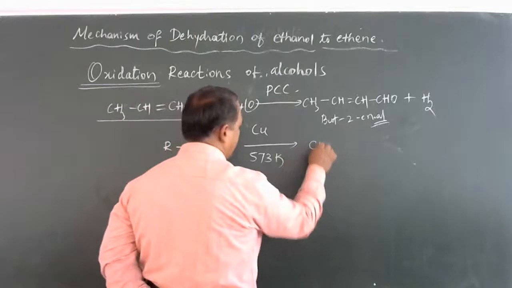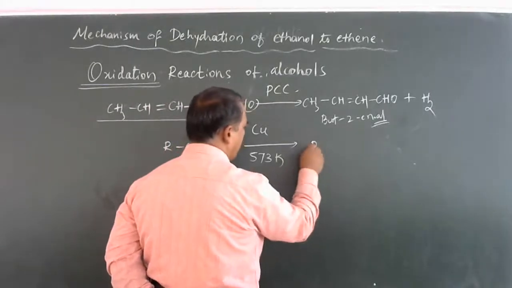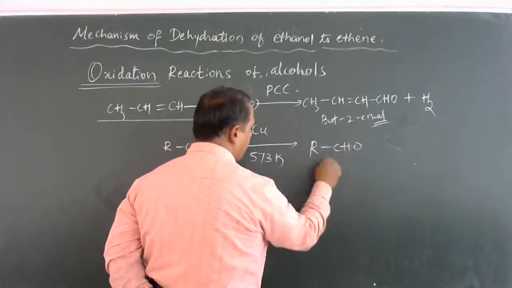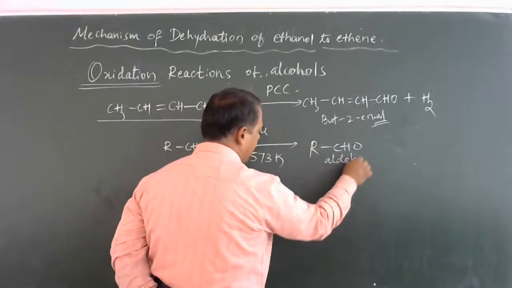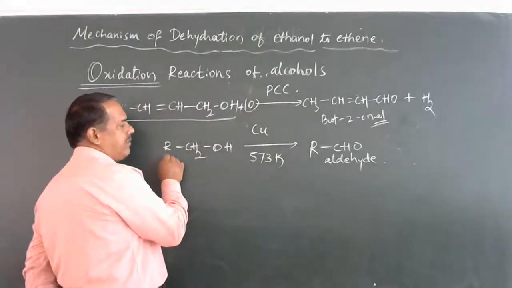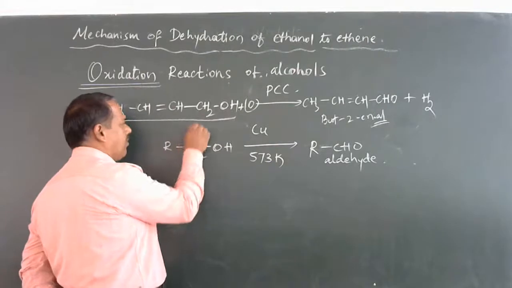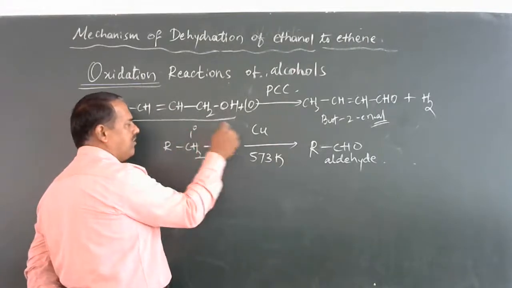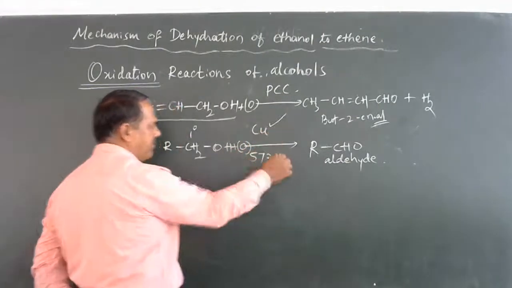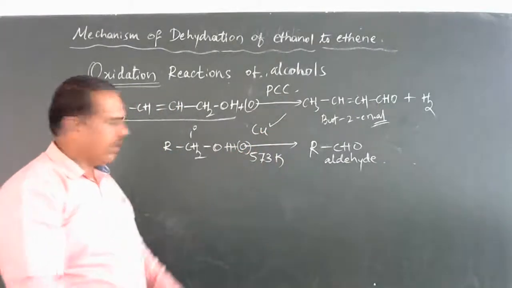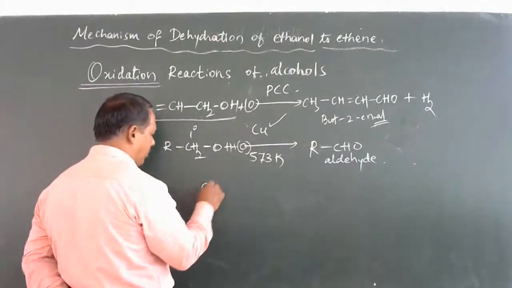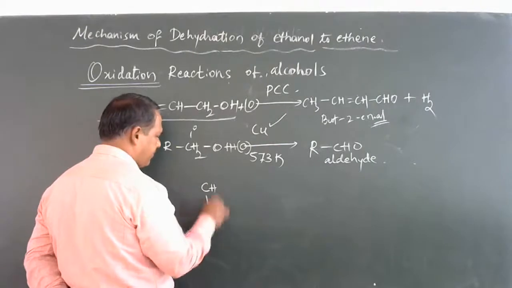Again we will get an aldehyde, RCHO. It is a primary alcohol. When a primary alcohol is oxidized in the presence of copper at 573 K, an aldehyde is obtained. What is the reaction condition here? Copper at 573 K.